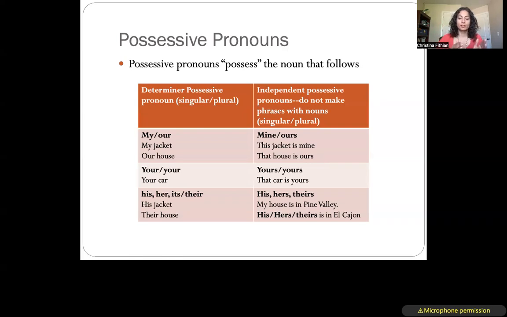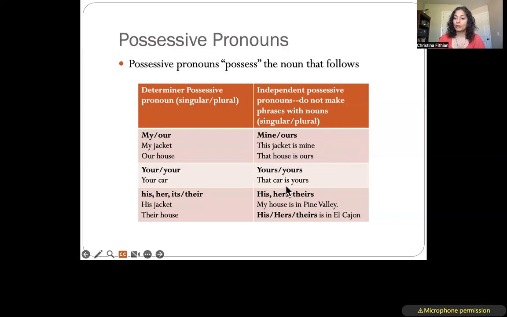They don't make phrases with nouns. So I can say, for example, this jacket is mine, or that house is ours. Now, mine and ours, you'll notice that they occur after the verb be, and we consider these to be nouns themselves. They are not determiners because there's no noun that follows them.